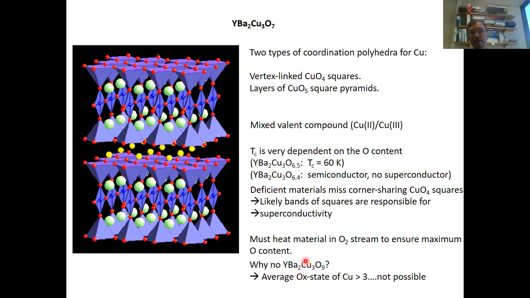Now 18 minus 7 gives 11. And 11 over these 3 copper atoms gives something which is larger than 3. Therefore, this composition is actually not possible. We can only get as many as 7 oxygen into that structure.